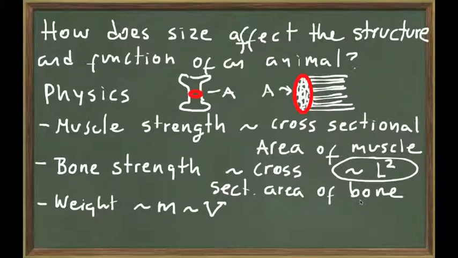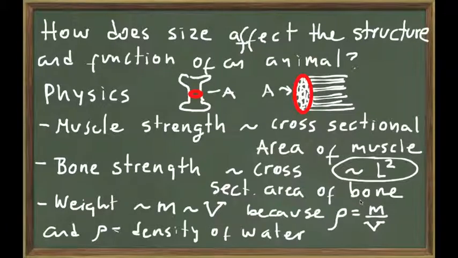Suppose I measure the volume of the cat. I put the cat in a tank, measure how much water is displaced, so that gives me a measurement of the volume of the cat. Then I put the person in the water, measure the volumes. Are those volumes going to be proportional to the mass of the animal, to the weight of the animal? They will be. Because the density of an object is equal to the mass divided by the volume, right?